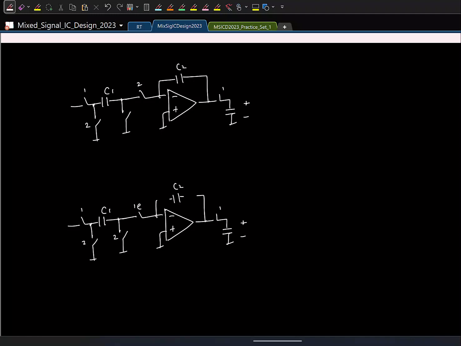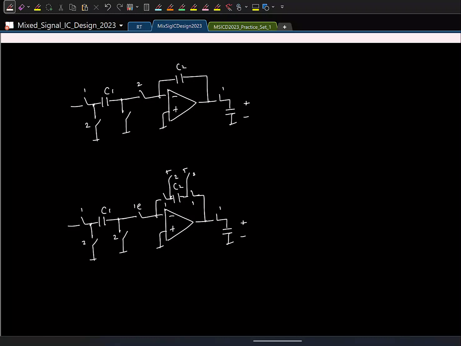So in which phase will I connect the capacitor C2 to the op amp? It should be in phase 1, right? Because phase 1 is when we are transferring the charge. So the capacitor must also be connected in phase 1, and in the other phase, you reset it. It's not very neat, but it should be clear.